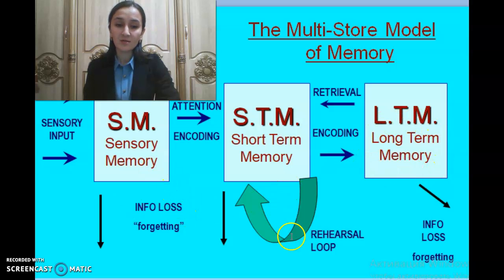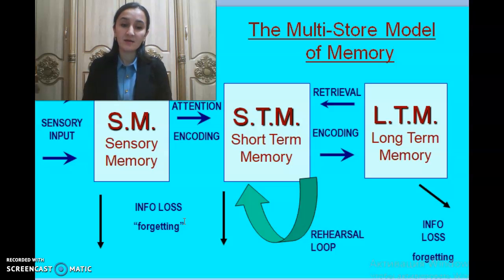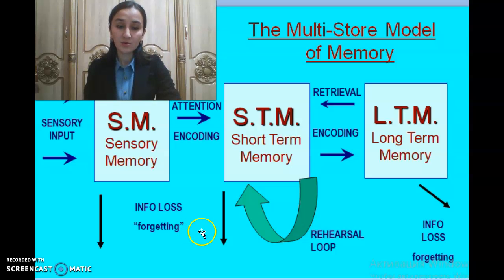They are also divided by three subtitles, like info loss and forgetting. In sensory memory, you just feel something, and it goes through and you cannot remember it, you just forget it. In short-term memory, there is a rehearsal loop. As I said, if you keep remembering the information all the time, it goes to long-term memory. So it is a way to continue with the long-term memory.